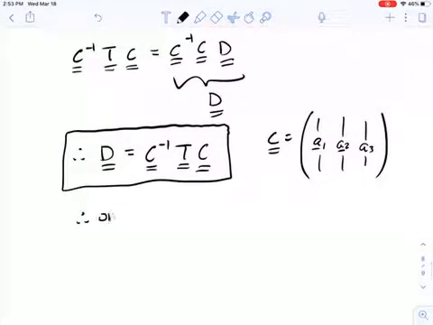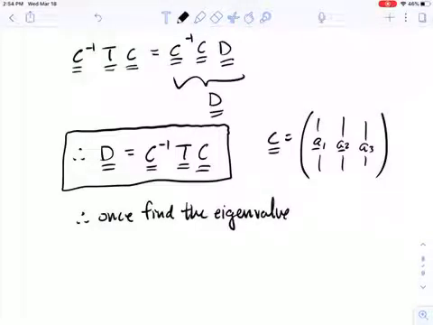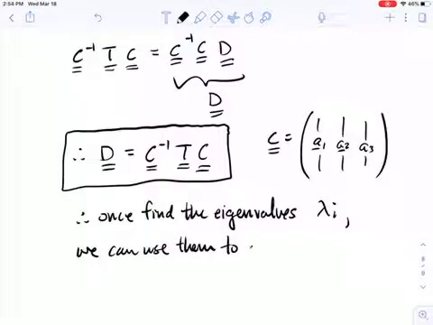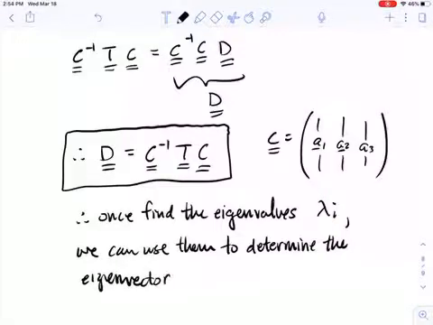So therefore, once we find the eigenvalues lambda, let's say lambda I, we can use them to determine the eigenvectors AI.